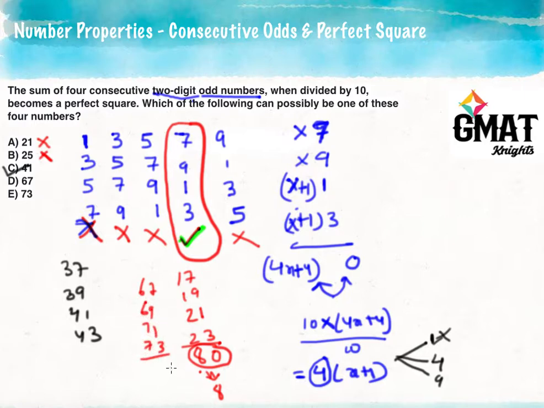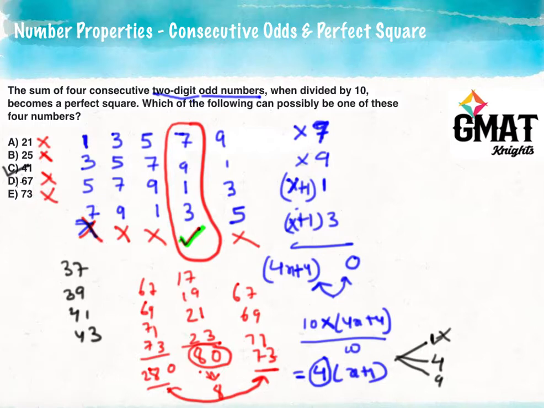If you sum them up, this is 0, 2, 12, 14, and 14, 28. Now if you divide by 10, we have 28, which is not a perfect square, again gone. 73: if you look at 73, you would need 67, 69, 71 and 73. This is exactly the same list as this one, therefore this is also not going to be correct.